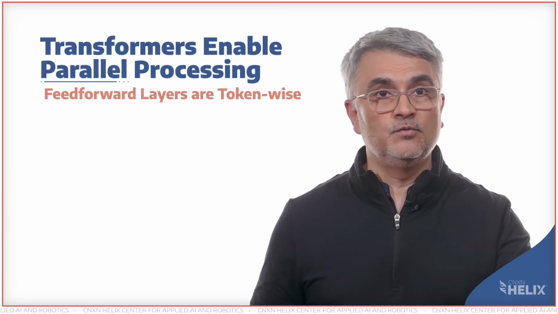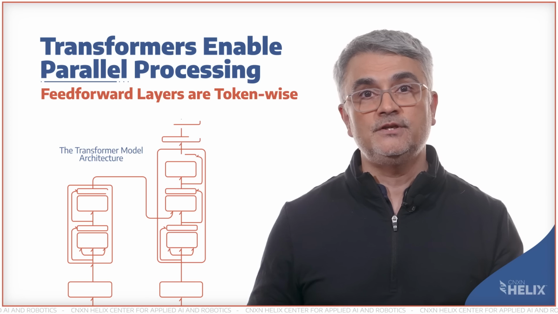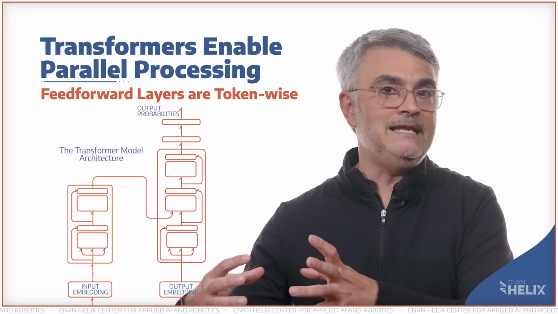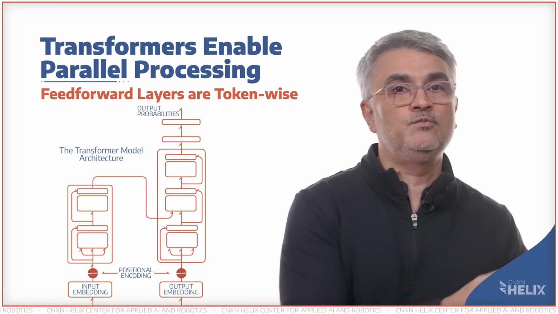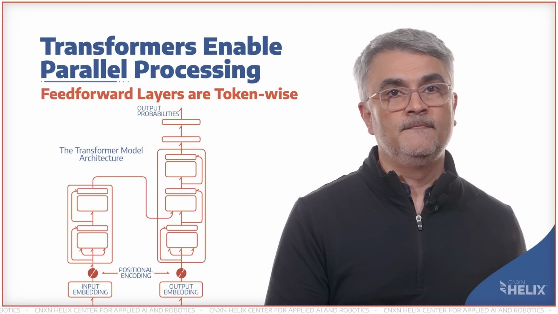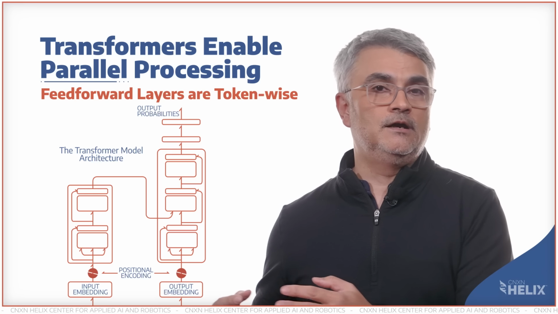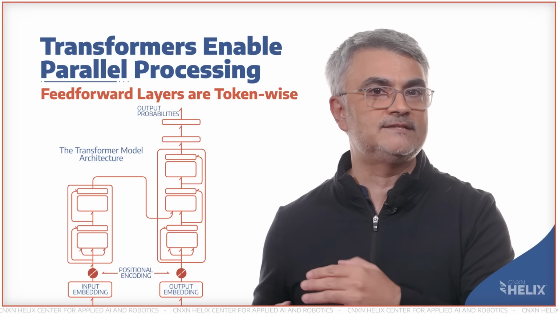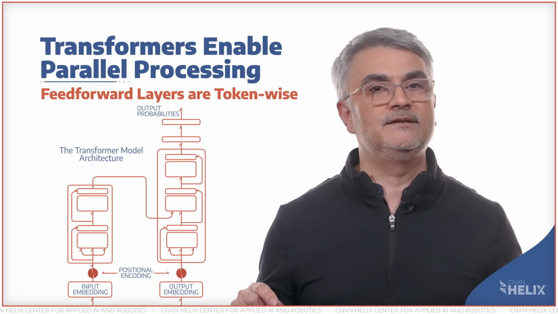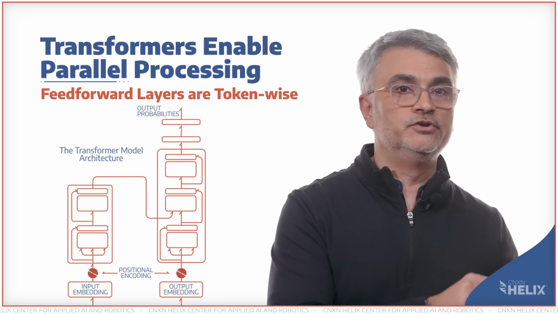Feed-forward layers are token-wise, certainly after attention, and each token passes independently through a shared position-wise feed-forward network. Now, again, this allows for full vectorized processing across tokens, a sharp contrast to the temporal dependence that existed in recurrent neural networks.